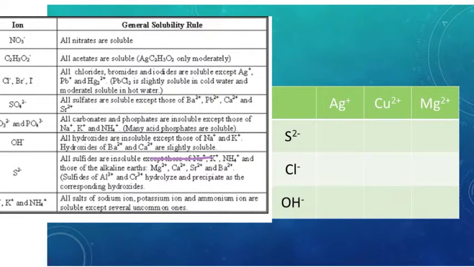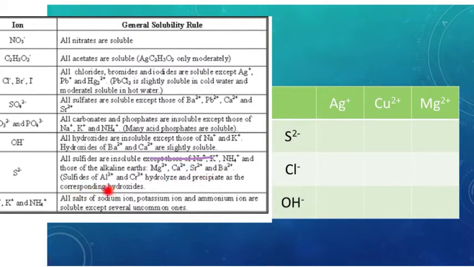First we'll look at silver and sulfide, S2-. All sulfides are insoluble except those of Na, K, NH4, and the alkaline earth metals, Mg2+, Ca2+, Sr2+, and Ba2+.